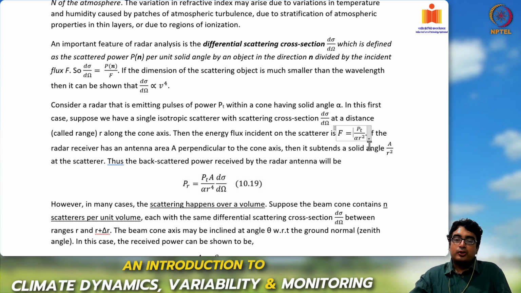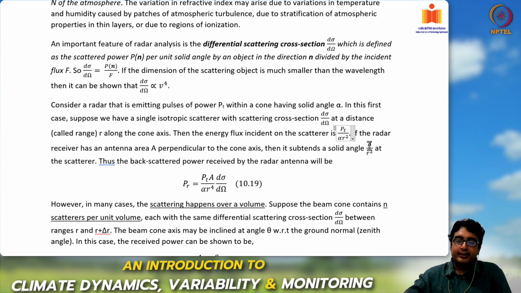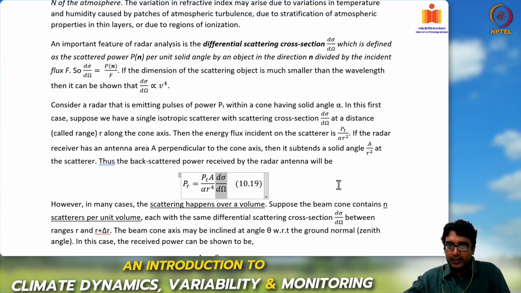So the total expression we get is the received radiation: the scattering cross section d sigma d omega, into the area A of the antenna projected along the cone by r square, so this solid angle A by r square, and then the incident flux Pt by alpha r square.